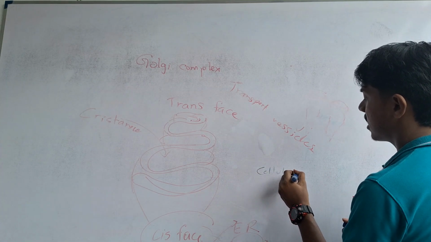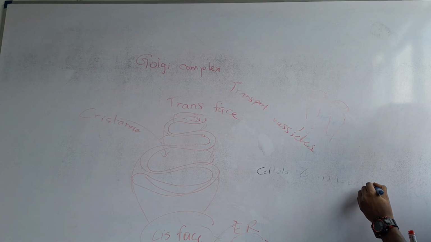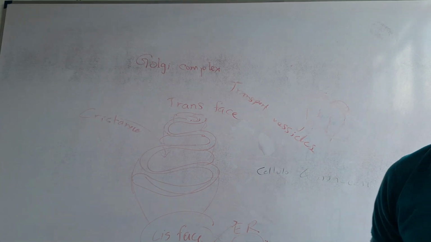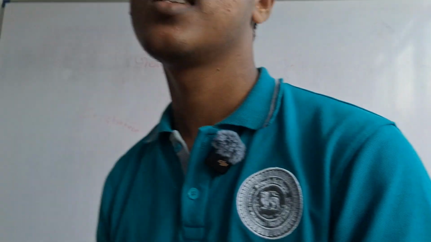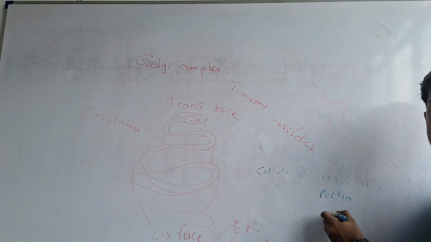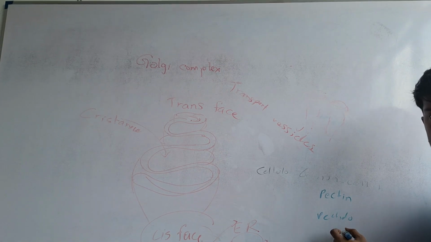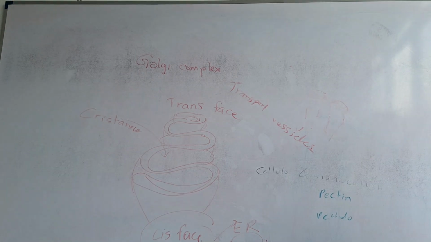Example for non-cellulose cell wall components: pectin, peptidoglycan. Only two. Yeah. Next one.